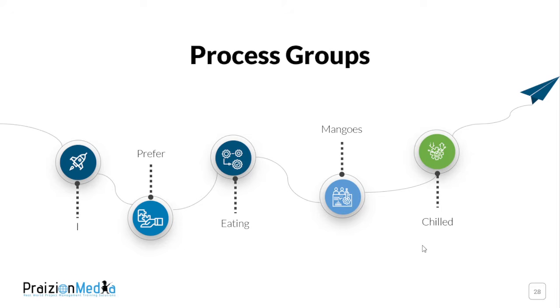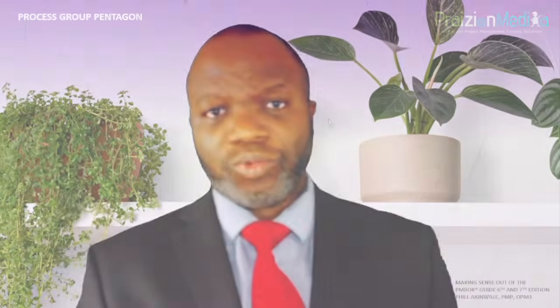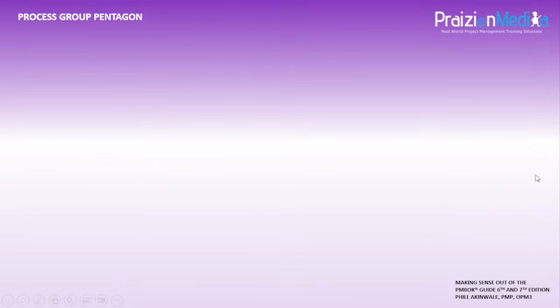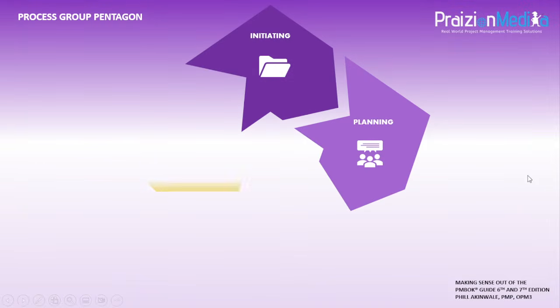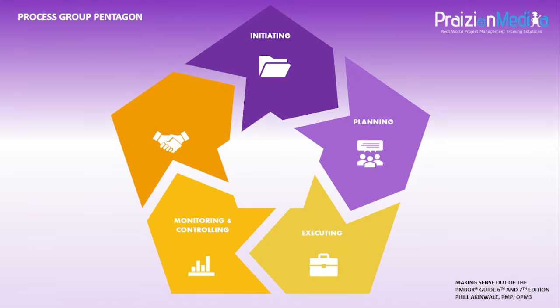So once you've mastered that mnemonic: initiating the project, in other words, authorizing the project; planning the project; executing, doing the work in the plan; monitoring and controlling, checking the work to make sure that it is going according to plan; and closing out the project or phase in the project.